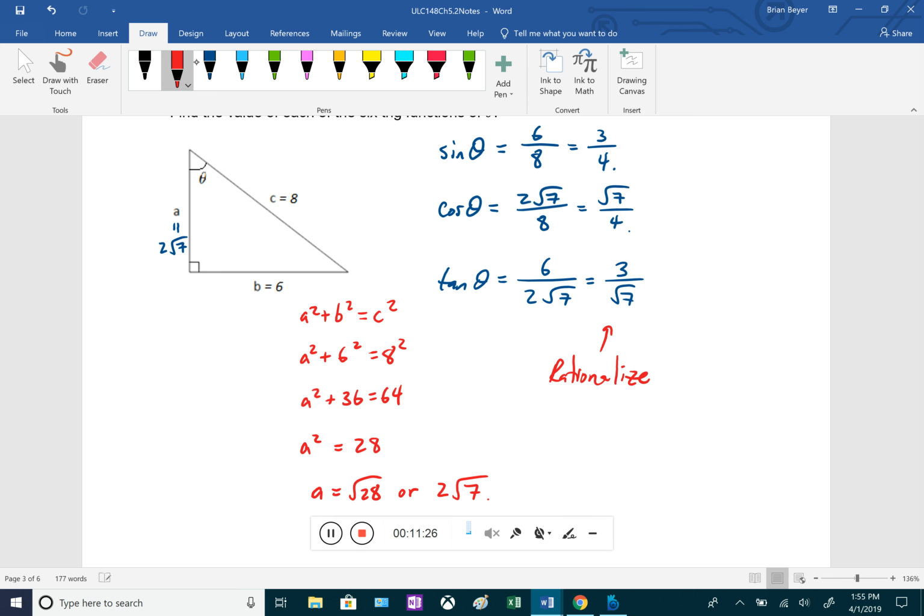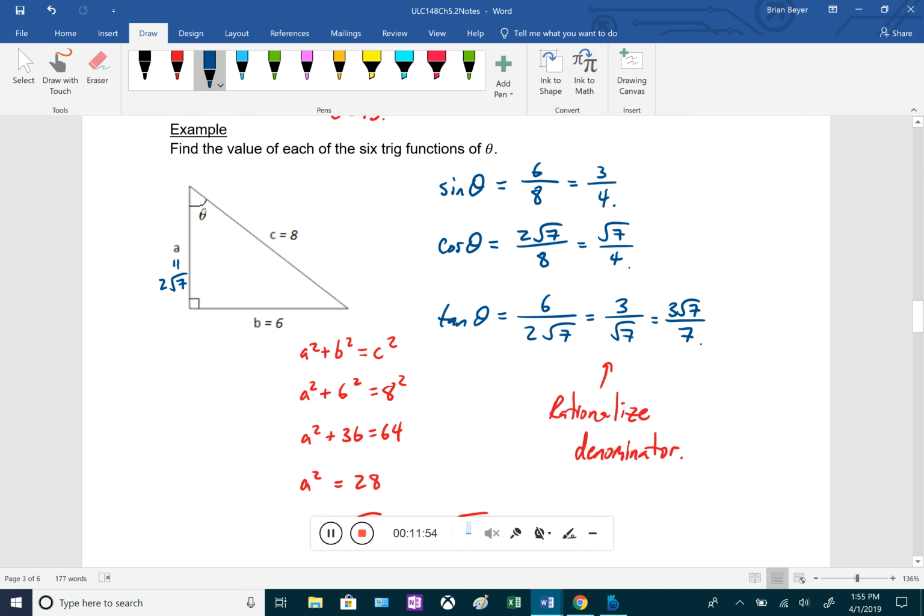Radical 7 is not a rational number, meaning its decimal representation would go on forever and never repeat itself. So to rationalize denominators, we would multiply the numerator and denominator by radical 7. That would give us 3 radical 7 over 7. For the denominator, radical 7 times itself, the radicals cancel, we're just left with 7. So it's a little bit messier, but hopefully that's okay.